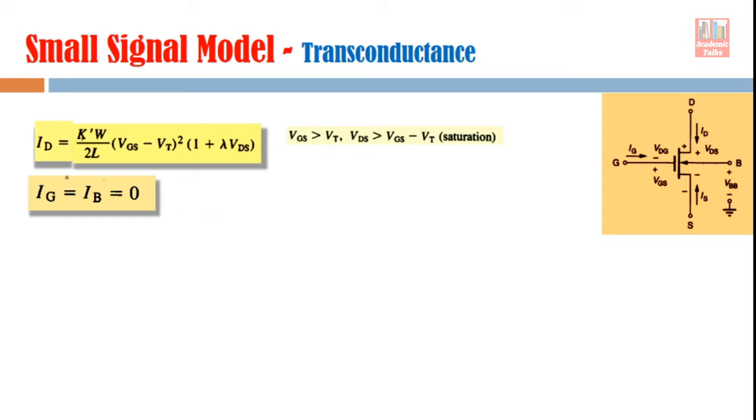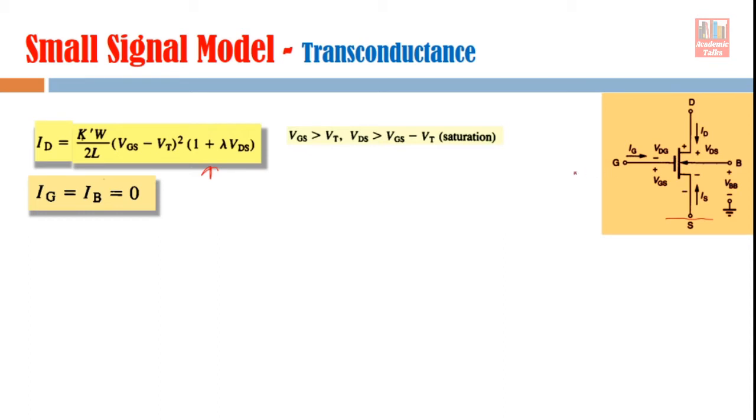So the equation of current in the saturation region is given here, and the device is here. The device is a 4 terminal device, but the source terminal is a common terminal, and for the other terminals we have to see what to do in order to develop its small signal model.